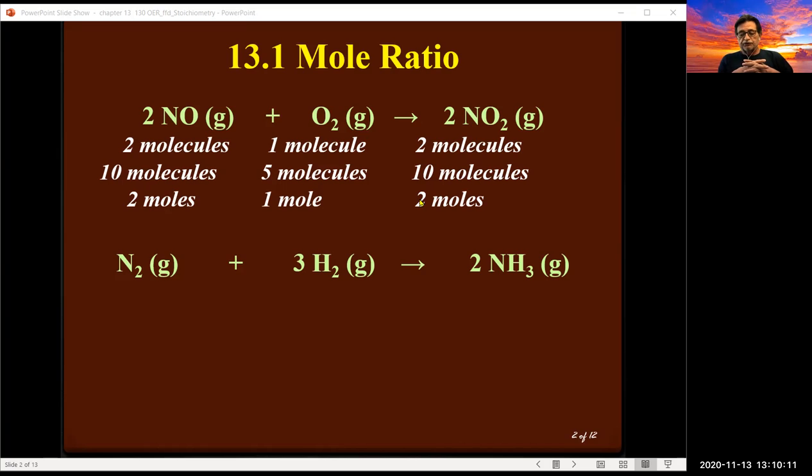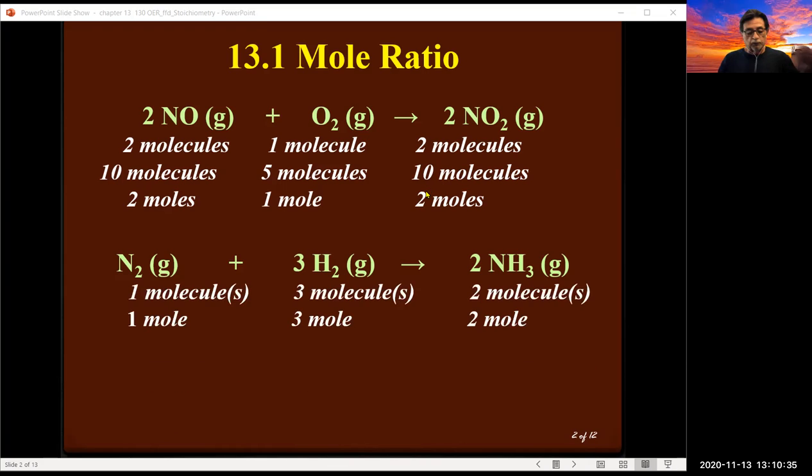And it just happens to be a very large number. So now, we can remove the molecule terminology and stick in the moles. So what we're saying here is 2 moles of nitrogen monoxide require 1 mole of oxygen, which then gives us 2 moles of nitrogen dioxide.